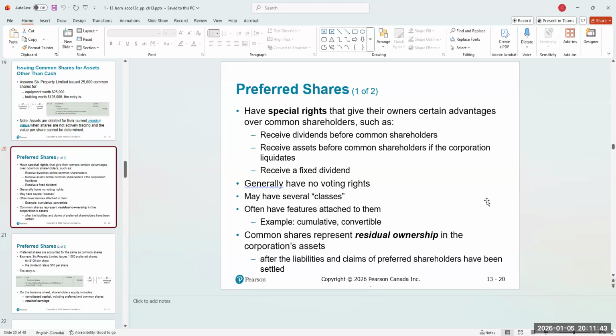That's why common shares represent residual ownership of the corporation's assets. It means if there's anything left after we pay the liabilities and all the claims of the preferred shareholders, then common shares get the rest. Whatever is left. That's why they're at the end. They're residual.